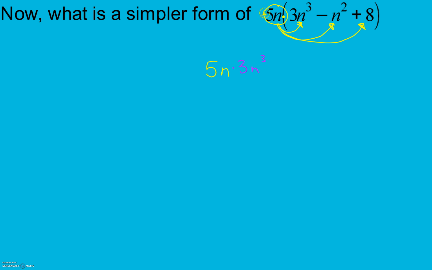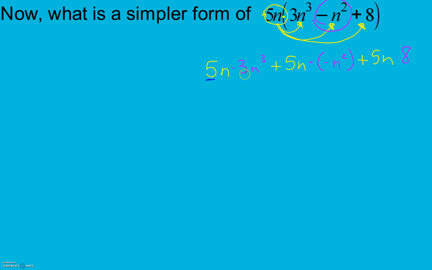And then I'm going to take, since it's a positive 5n, times negative n squared. Again, that sign goes with the number. And then I'm going to take 5n times the 8. So again, I took my 5n times all three terms inside my parentheses.